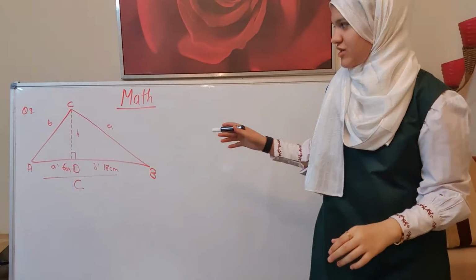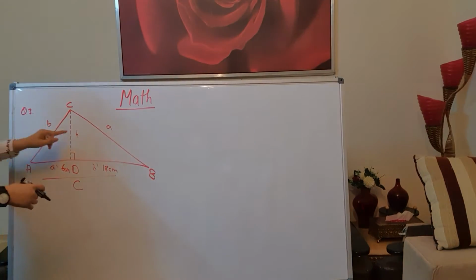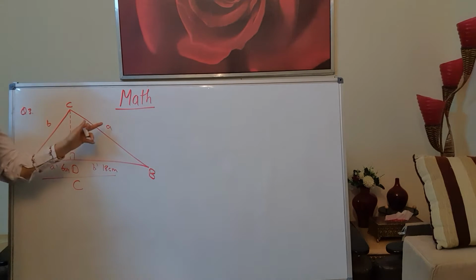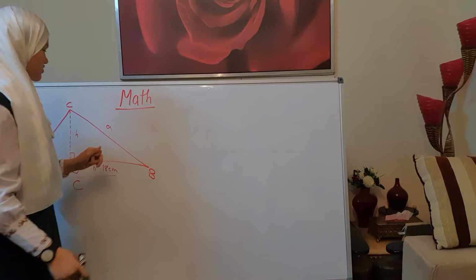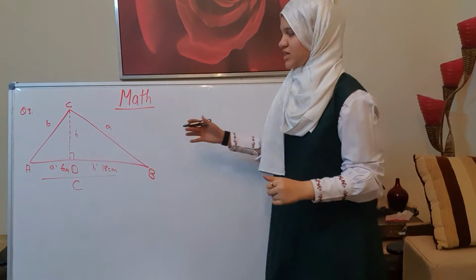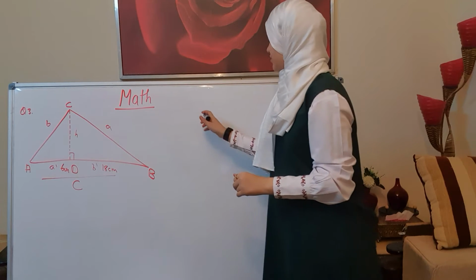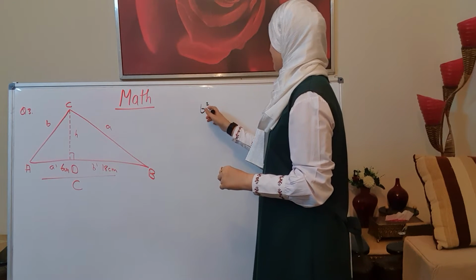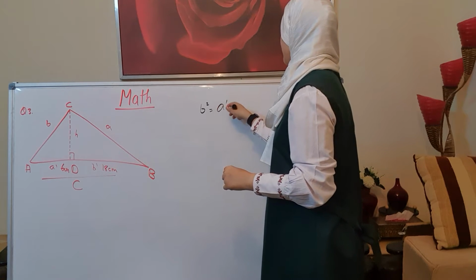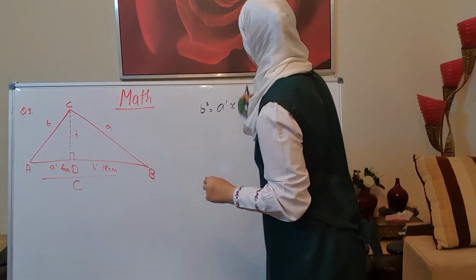Now the third question in this video says to find B, H and A: the height, the side B and the side A. Okay, so now we know that we will use the Euclid theorem. The Euclid theorem says that B squared is equal to A1 times C. That's C, not A, okay?